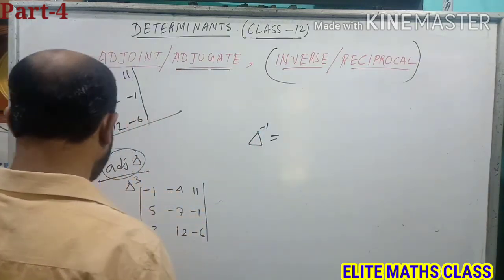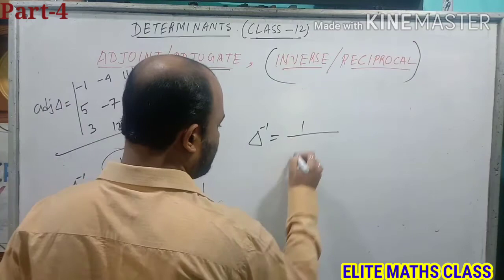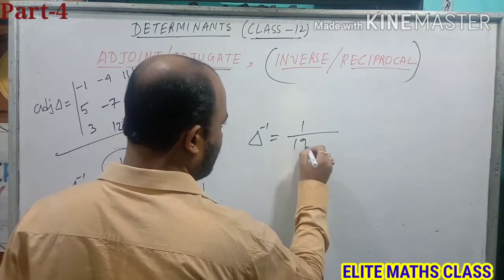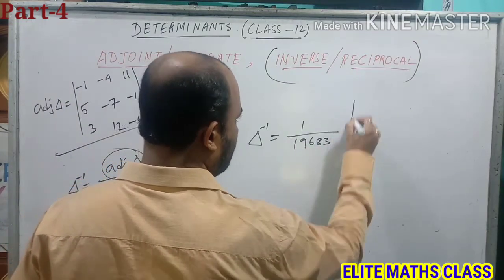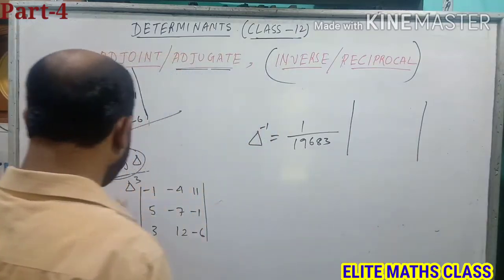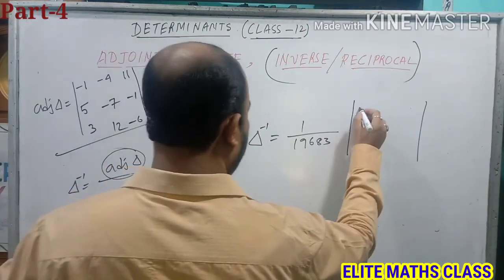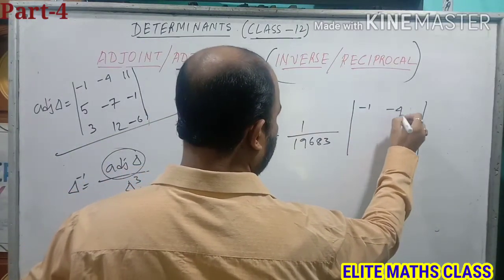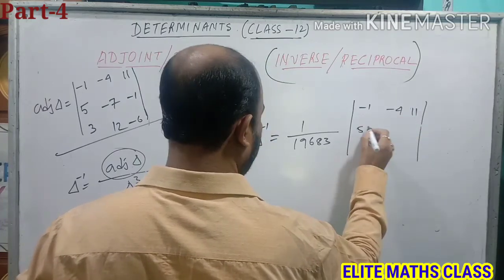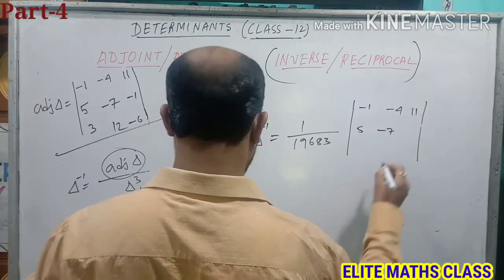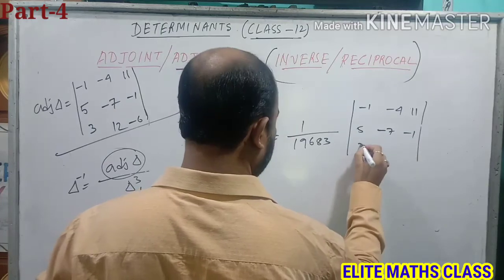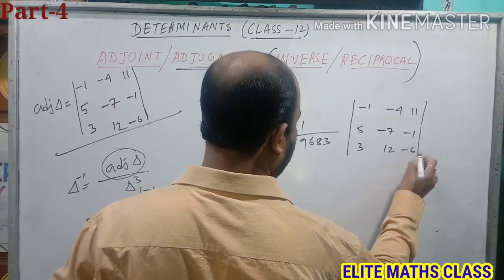Finally, del inverse equals 1 by 27 cube. 1 by 27 cube means 1 by 19683, into the adjoint of the given determinant: minus 1, minus 4, 11, 5, minus 7, minus 1, 3, 12, minus 6.